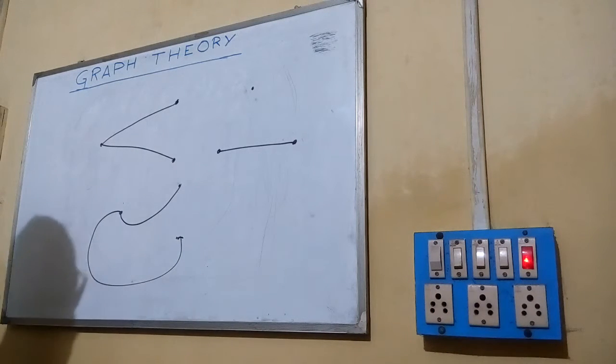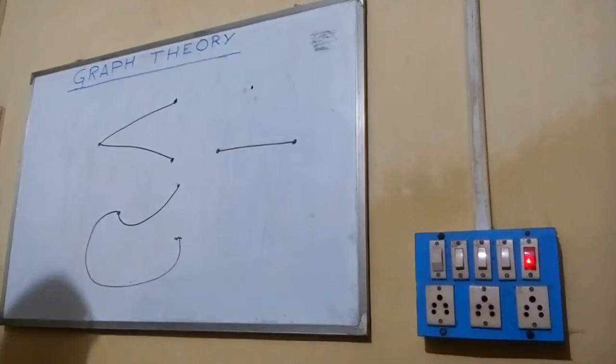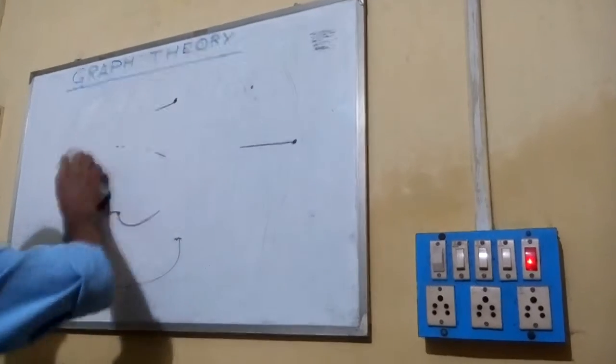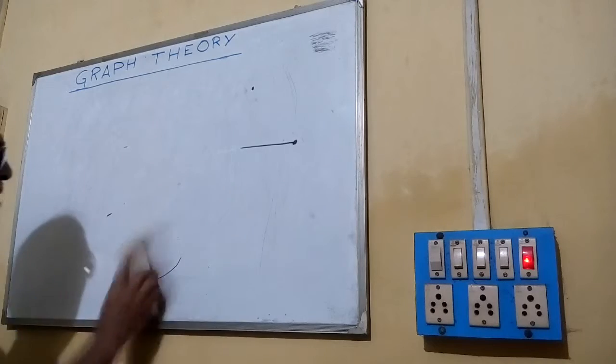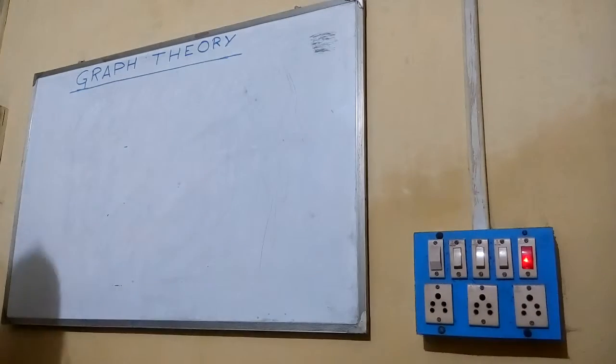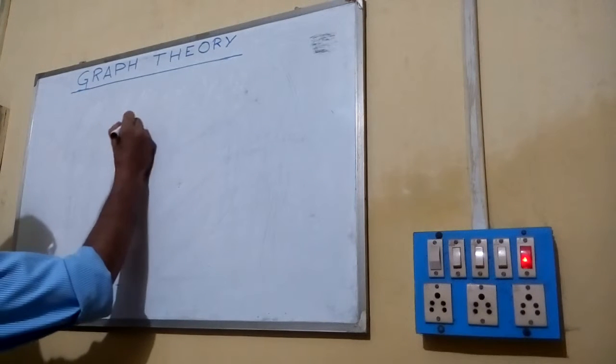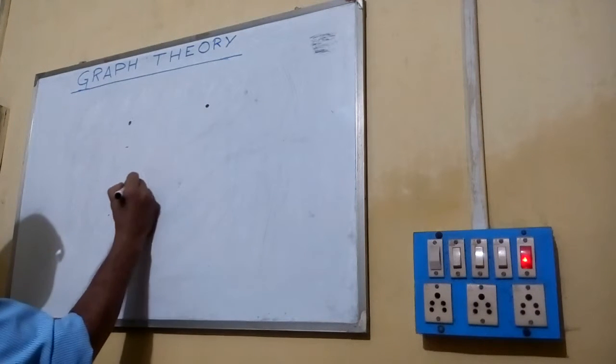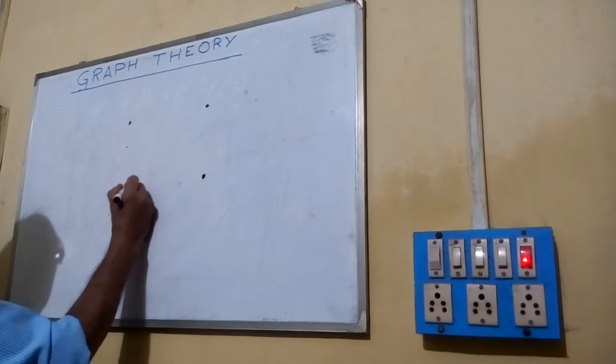In a graph, again we are saying it, there may be a directed graph or an undirected graph. See one thing here. Suppose these are four vertices.